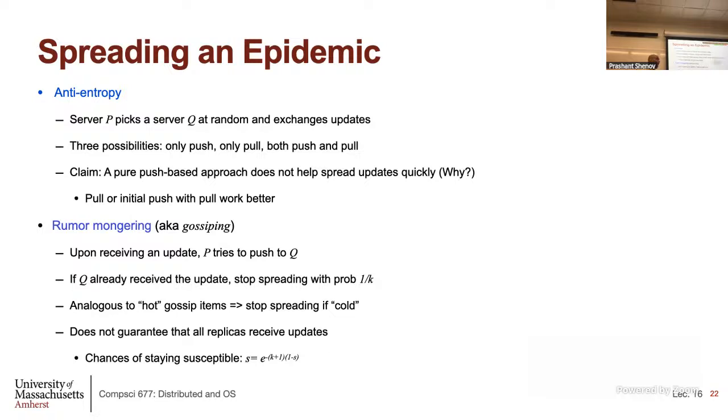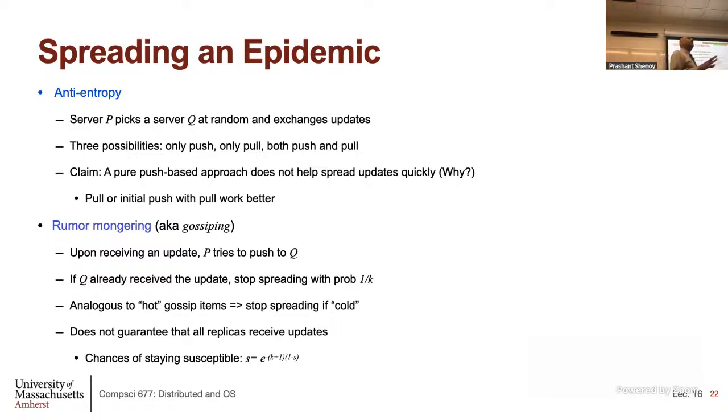So after every time you tell somebody, you toss a coin. Let's say the coin says heads with some probability P and tails with probability 1 minus P. It's not 50-50. With some small probability P it says heads and you say, I stop, I think it's done. So you have a randomized back off for when you stop spreading your rumor. That is called rumor mongering, or gossiping.